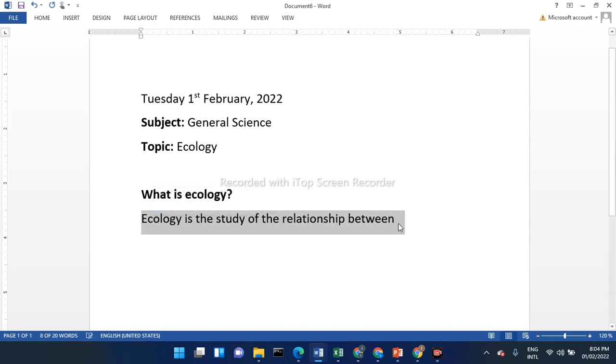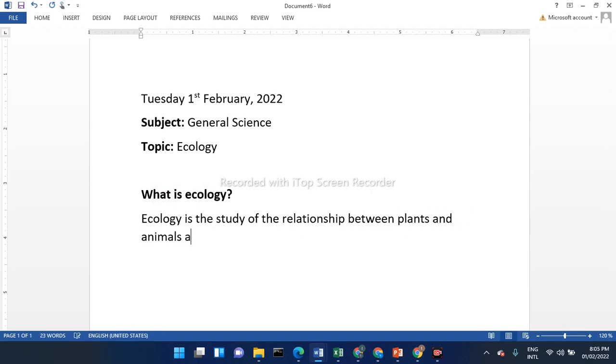So we're going to look at the relationship between plants and animals and their environment. What relationship do plants and animals have among themselves? And what relationship do these organisms have with the environment?